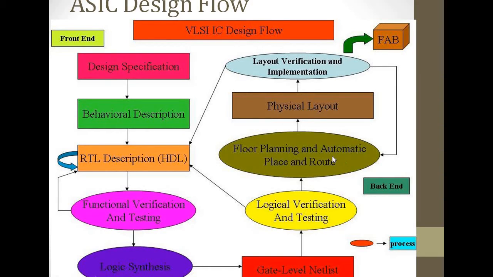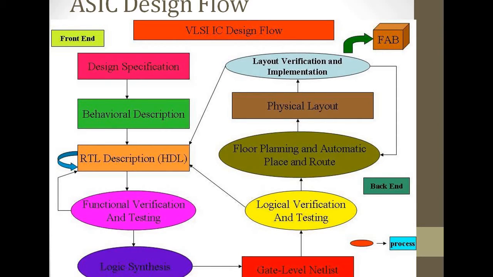In order to place properly, floor planning is a must. So we need to map the floor. What is the floor? The floor is the area on the IC where we are going to fabricate our design. This floor which is already present has to be planned properly, and then the automatic tools will place and route automatically, which is done by automatic place and route.